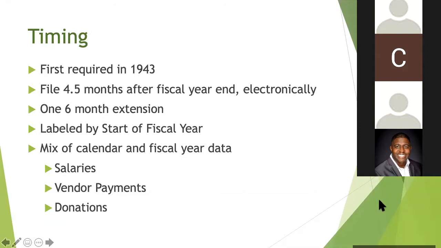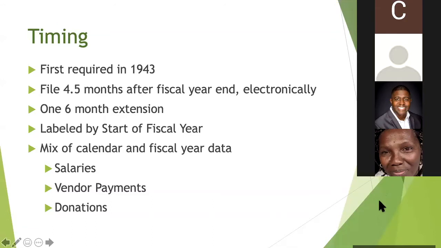One of the confusing things about Form 990s, and funders actually struggle with this, is that the year on your Form 990 will be the start of your fiscal year, not the end of your fiscal year. We're going to look at the Form 990 for the Utah people in just a second. You can see that. However, it's confusing because on the Form 990, if your fiscal year is not the same as the calendar year, sometimes you're going to use calendar year data and sometimes you're going to use fiscal year data.